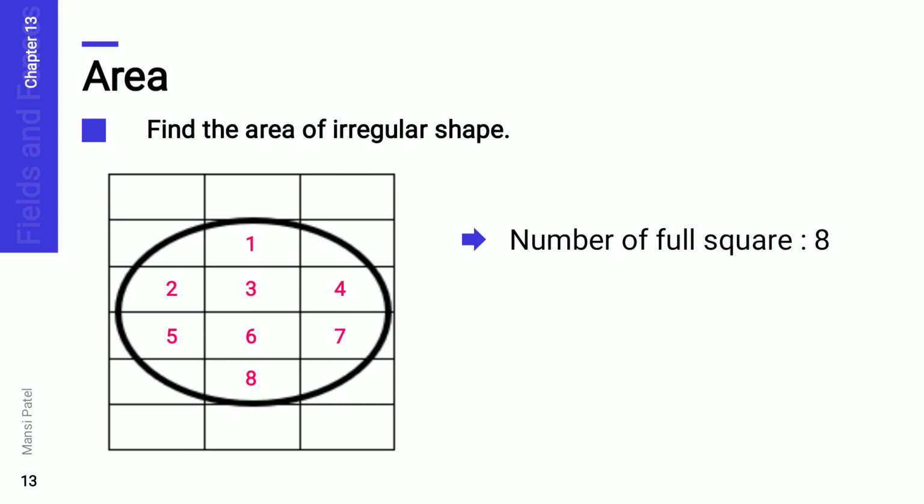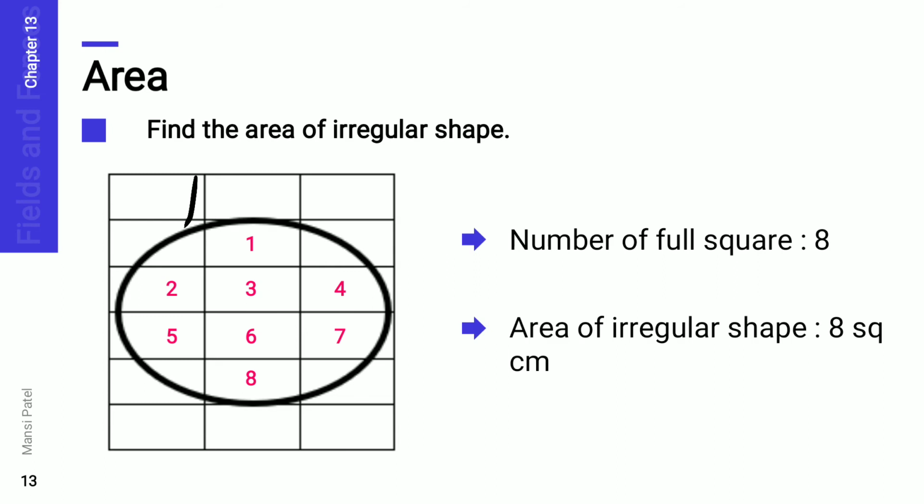Whereas all the others are less than half, so you don't count them. So the area of this irregular shape is 8 square centimeters, because this one whole square is 1 centimeter.